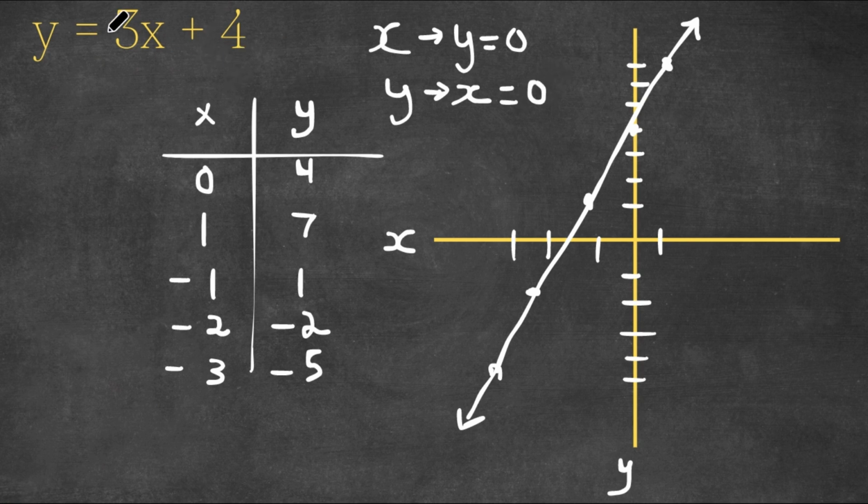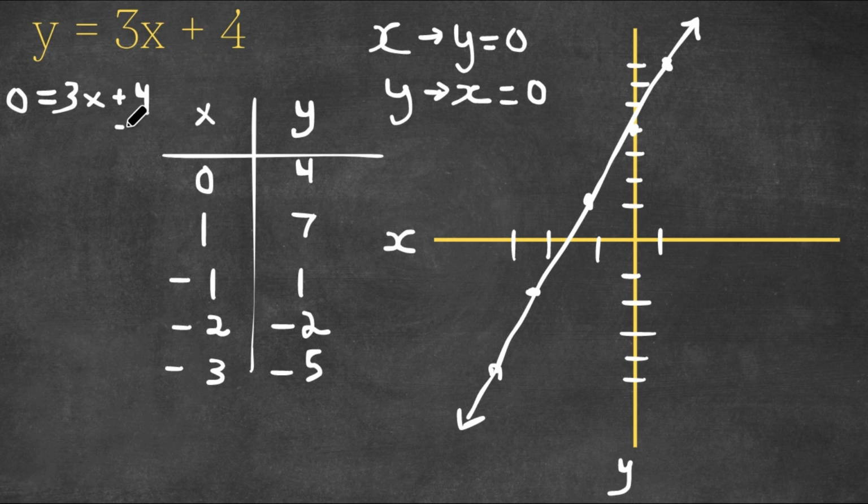And we can actually calculate our x and y intercepts simply using our equation. All we have to do is plug in 0 for y or x. So let's first find our x-intercept for this equation. Well, to do that, we're going to have to plug in y equals 0. So now we get 0 is equal to 3x plus 4.